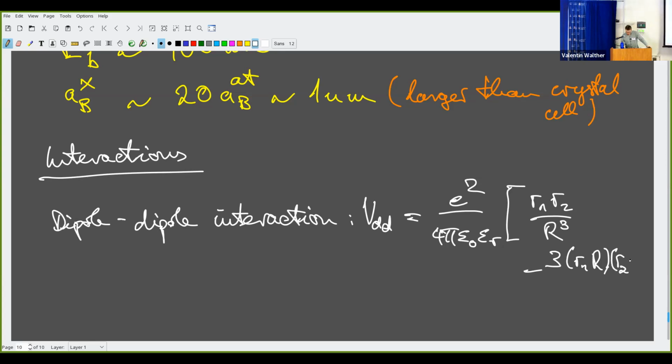But here, that's the vector connecting the two excitons. So we have something that looks like this. Two particles, and that's their connecting vector. And here this is R1 for the first electron and R2 for the second electron. They can be in any sort of direction.